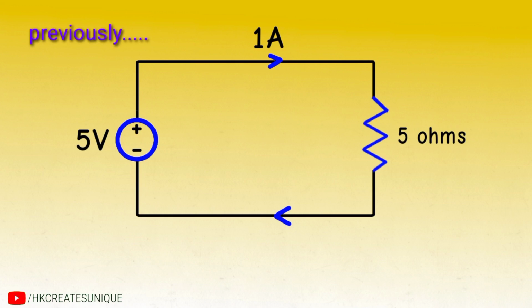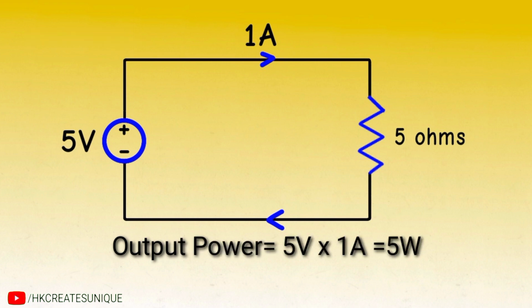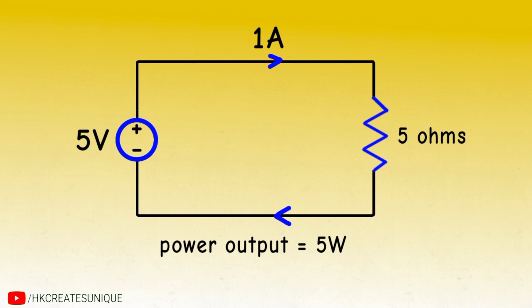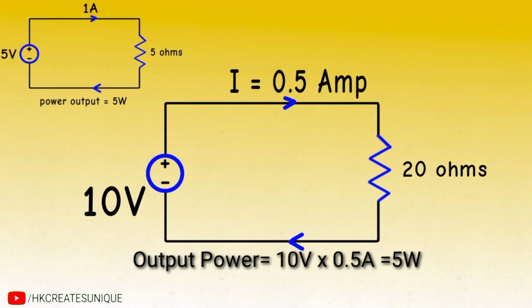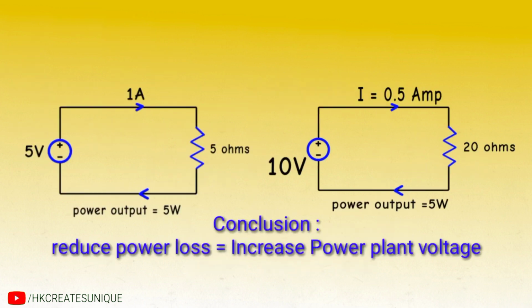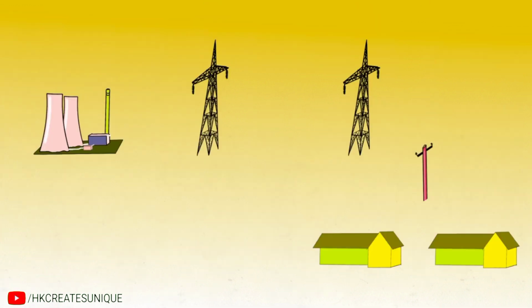As you can see, previously the circuit drew 1 amp of current and the output power is 5 watt. But as voltage is increased, the circuit draws 0.5 amps of current and the output power is still 5 watts. The conclusion is, to reduce power loss, we need to increase voltage of the power plant.